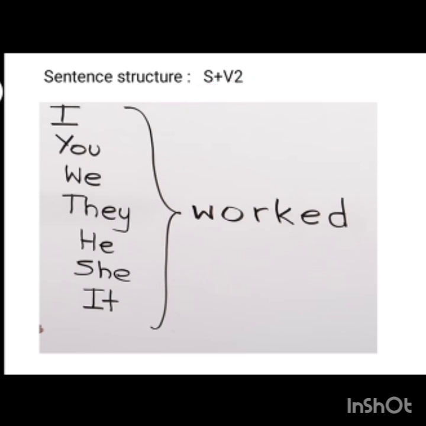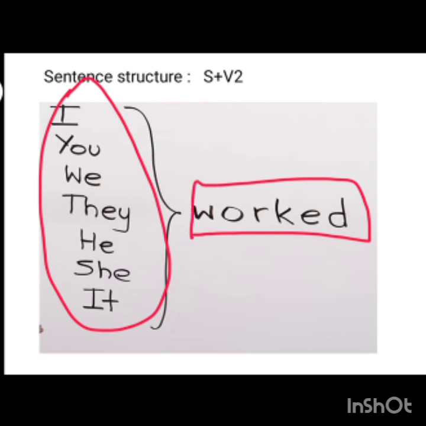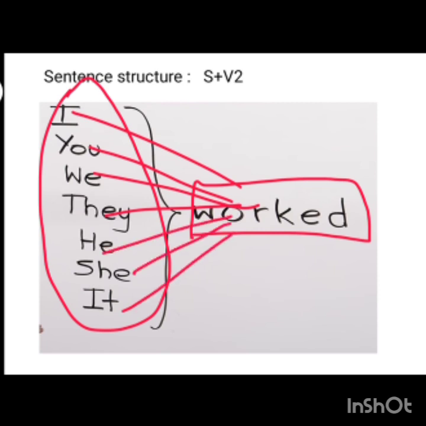Verb 2 is the past verb form. So these are the subjects: I, you, we, they, he, she, it. For all of them we can use the past verb form worked. I worked, you worked, we worked, they worked, he worked, she worked, it worked.